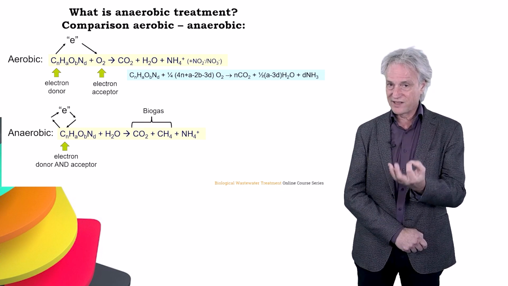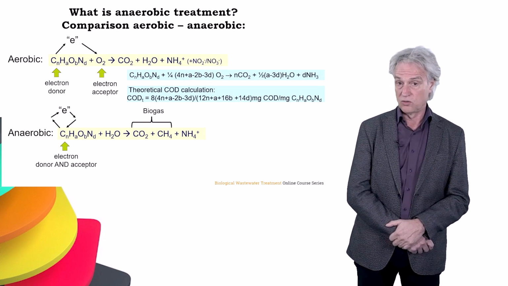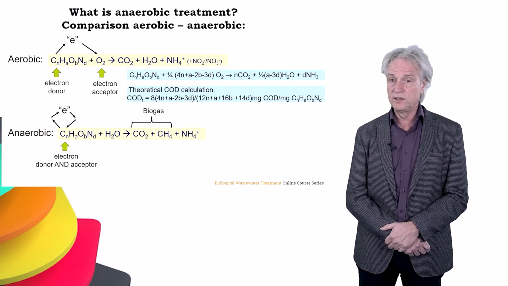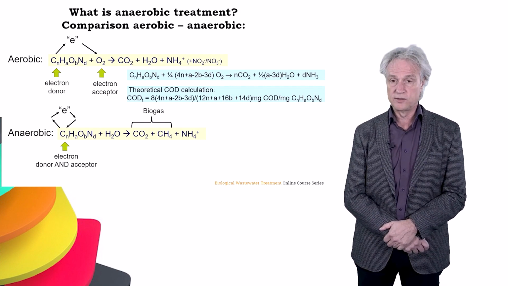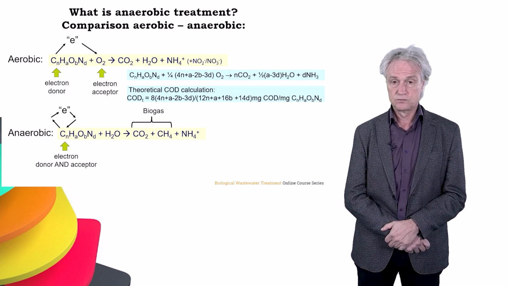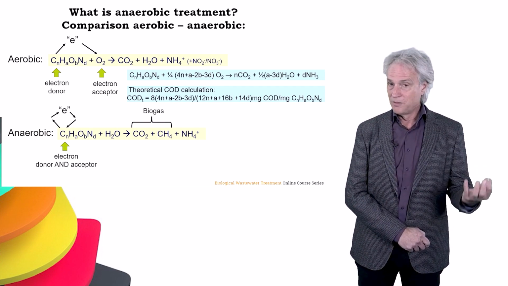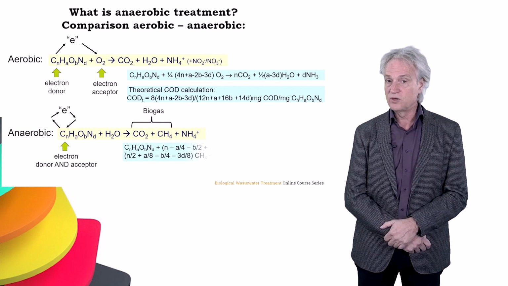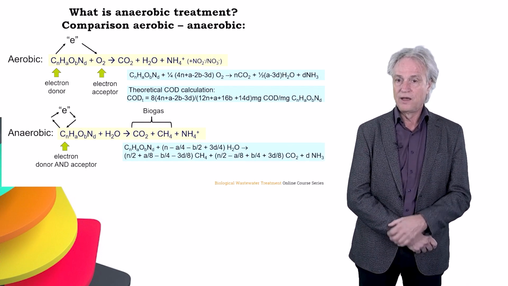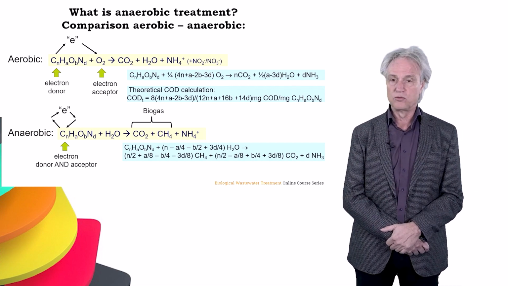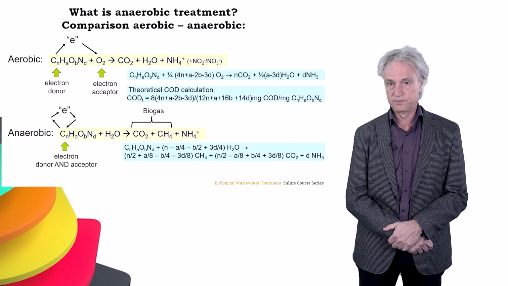This exact calculation of oxygen is also called the COD calculation, the theoretical COD calculation of a known compound. We will come back later to that during this lecture. And if the compound is known, based on similar principles, you can also calculate how much CO2 and how much methane we will produce during anaerobic conditions. And also that will be explained in some later slides.